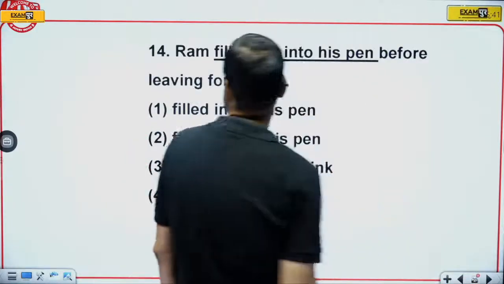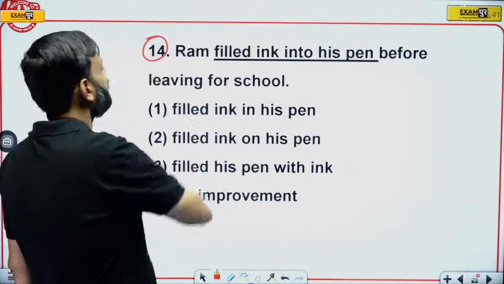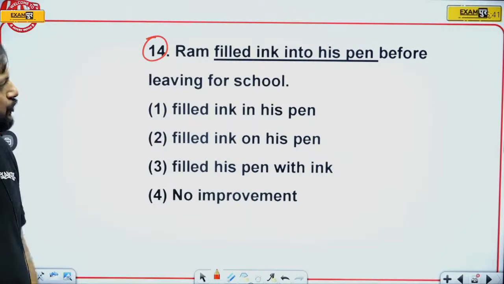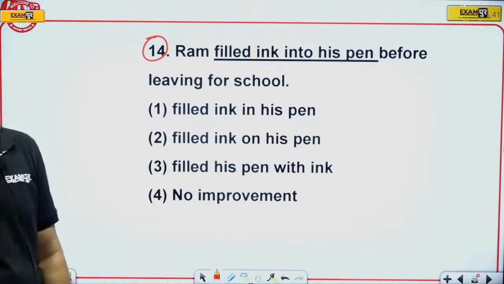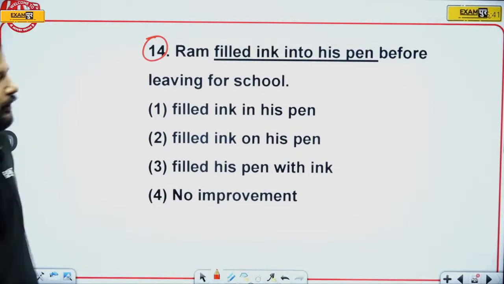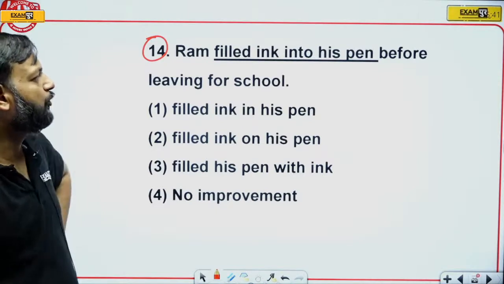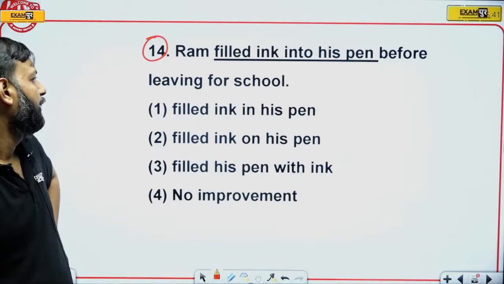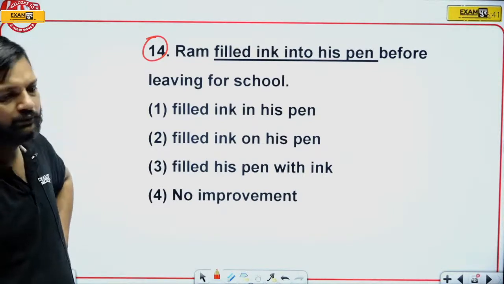Next question is question number 14. Ram filled ink into his pen before leaving for school. Ram filled ink into his pen before leaving for school.